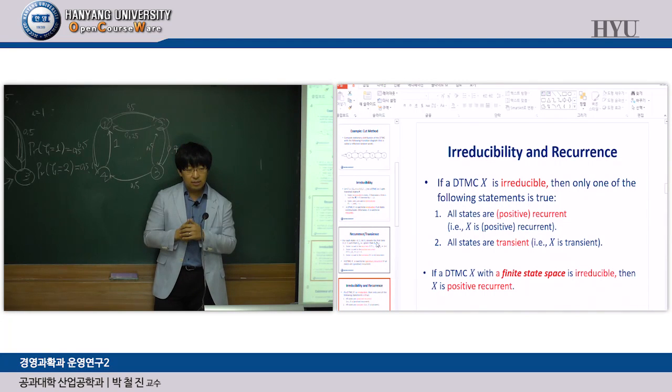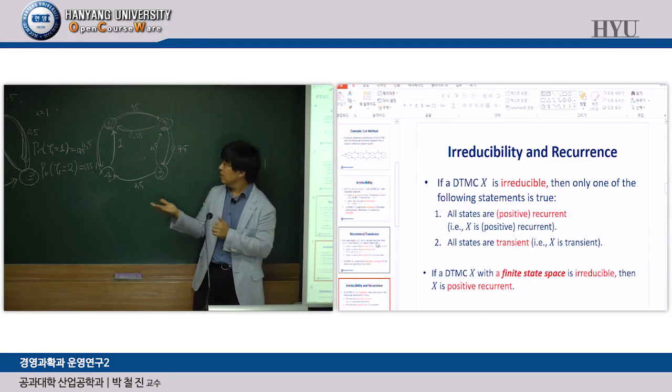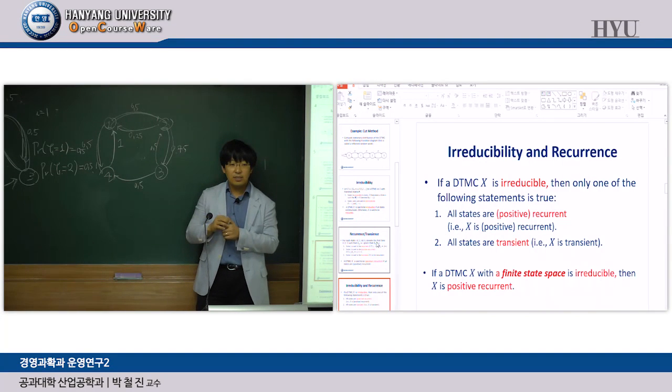But in this case, it is irreducible, right? And the chain has finite states. So even though we didn't prove anything, or use any concept of the definition regarding recurrence, we can see that this chain is positive recurrent.